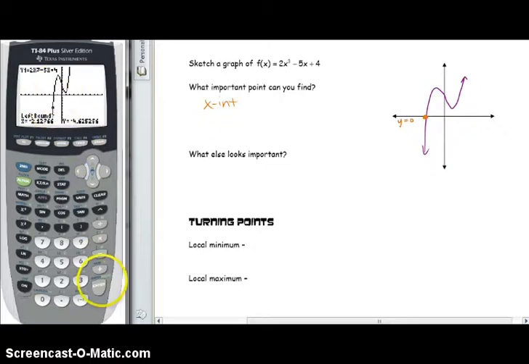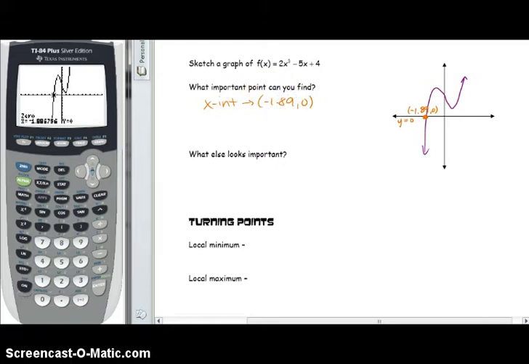Over here we hit enter, then we go to the right, so our y is positive. We hit enter, and then for the guess, we just move a little bit closer to the 0. I just moved one to the left, hit enter, and then we get our point of negative 1.89 comma 0. So that's our x-intercept.